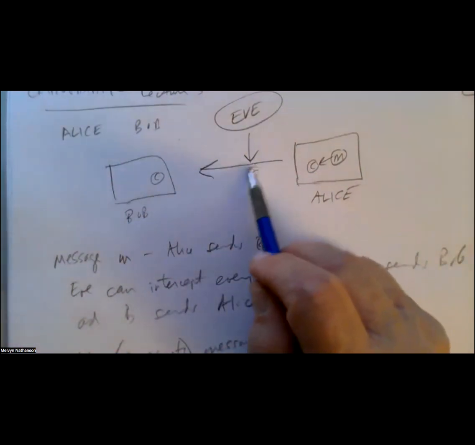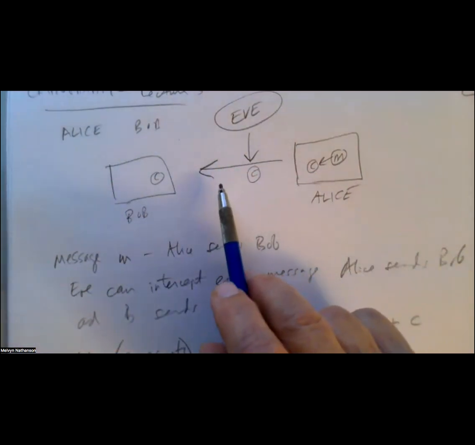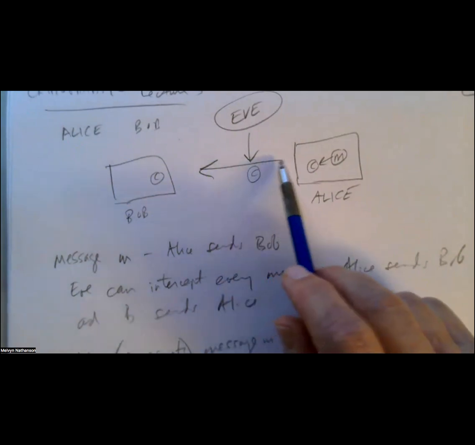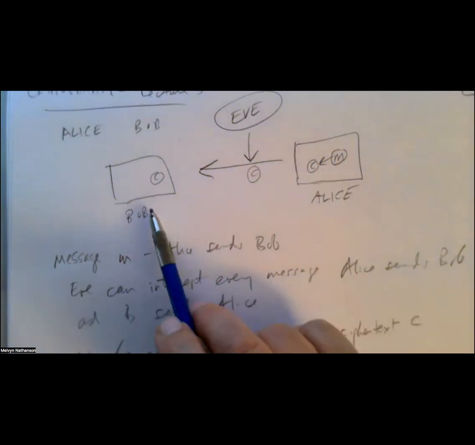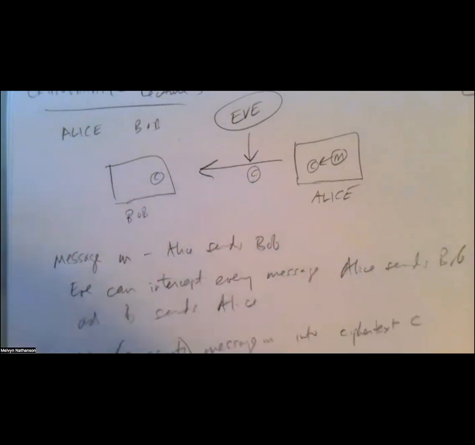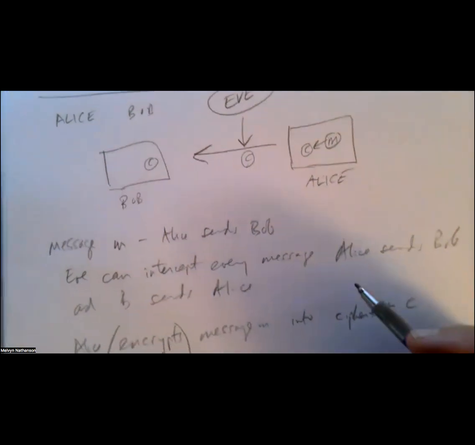And Eve, who can overhear, eavesdrop, intercept every message Alice sends to Bob, Eve knows what C is. She intercepts it. But it's encoded, it's encrypted.